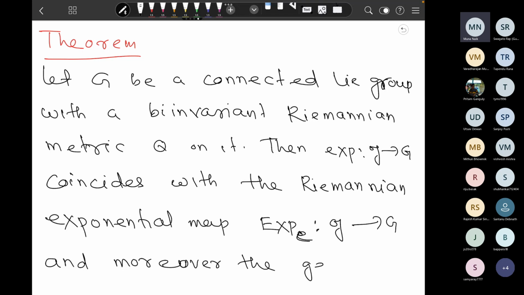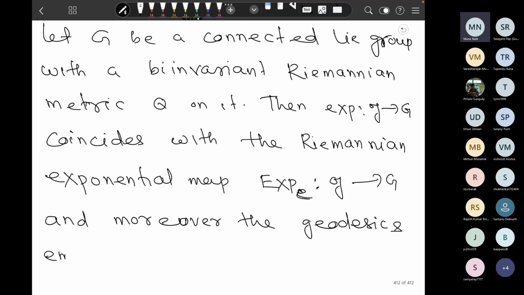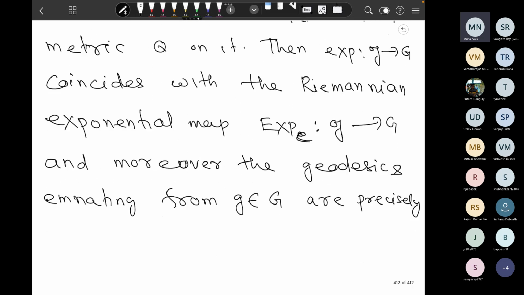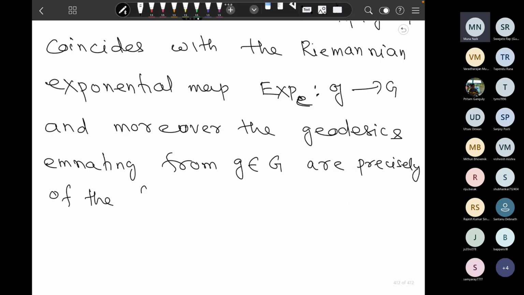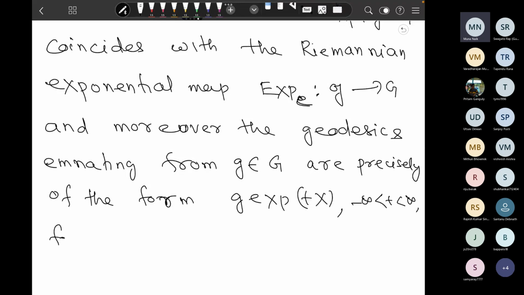And moreover, the geodesics emanating from g belonging to G are precisely of this form: g exponential of tX, where t is from minus infinity to infinity, for some X belonging to the Lie algebra.